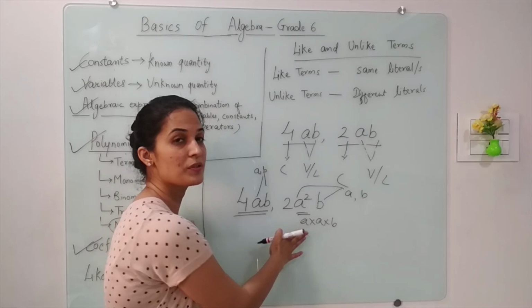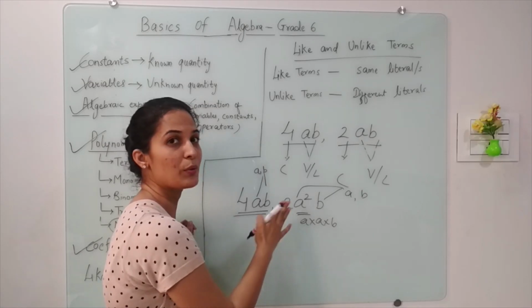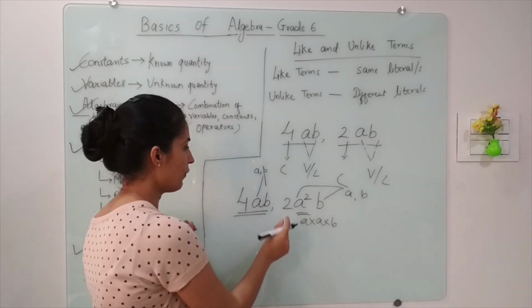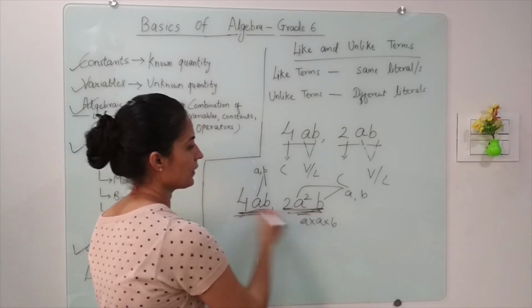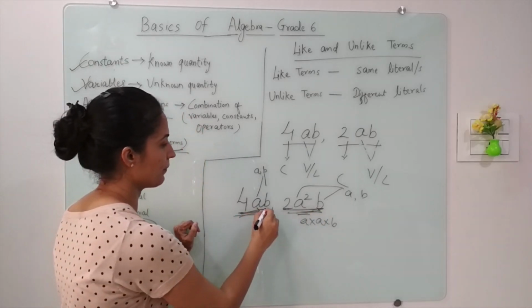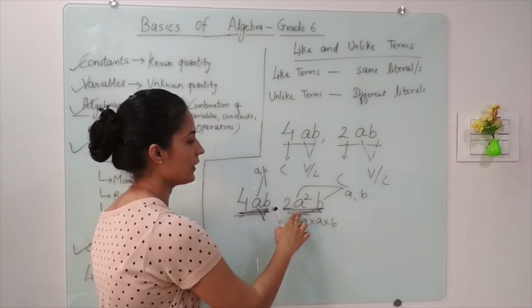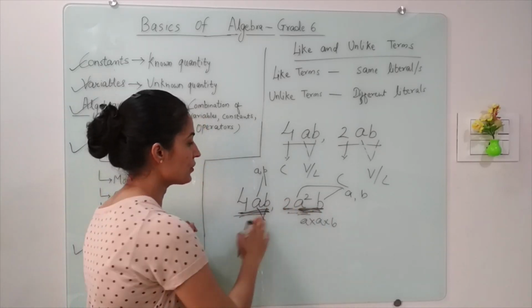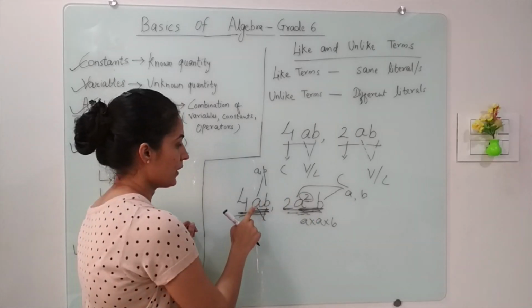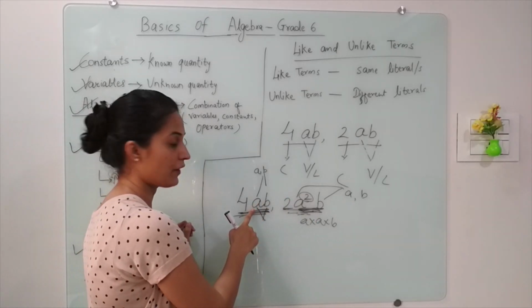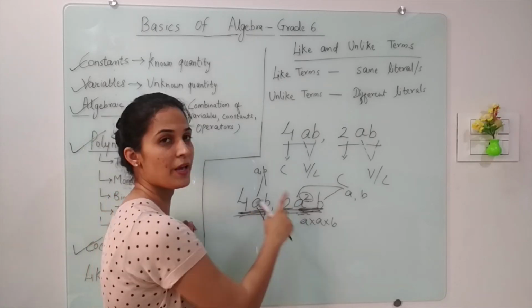So that's why we use the term literals, not variables. Now if we see these two terms, 4ab and 2a square b, here the literals are a multiplied by b, while here it is a square b, which are different. We have an exponent here. Here the degree of a is only 1, here the degree of a is 2.